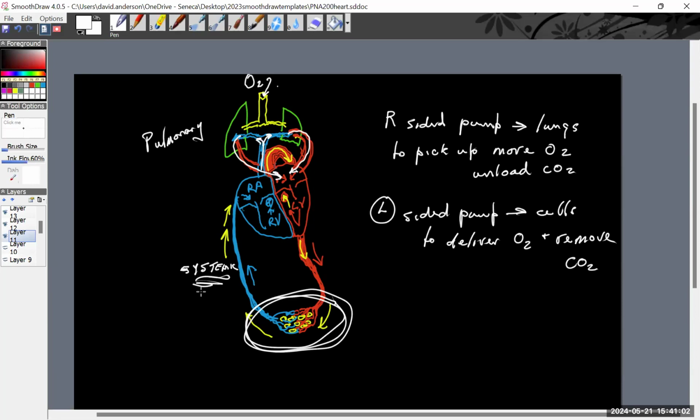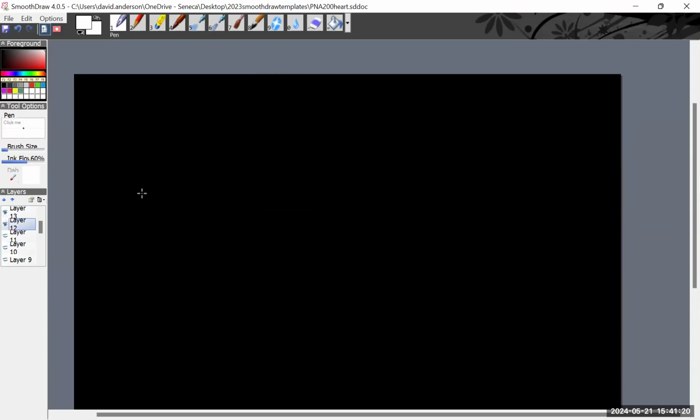Okay. So we understand that the right side's responsible for pulmonary circulation, the left side's responsible for systemic circulation. Now let's look a little closer at how blood flows through these chambers. So we'll draw the heart as an entire unit. Base, apex.